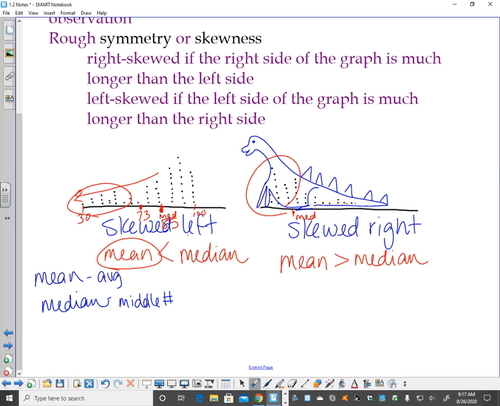Okay, if your data is symmetrical, let's say it looks like this, so it's not skewed, then your mean would equal your median. And they would both be right here in the middle because you've got some good grades and some bad grades and they kind of balance each other out and you end up right here.